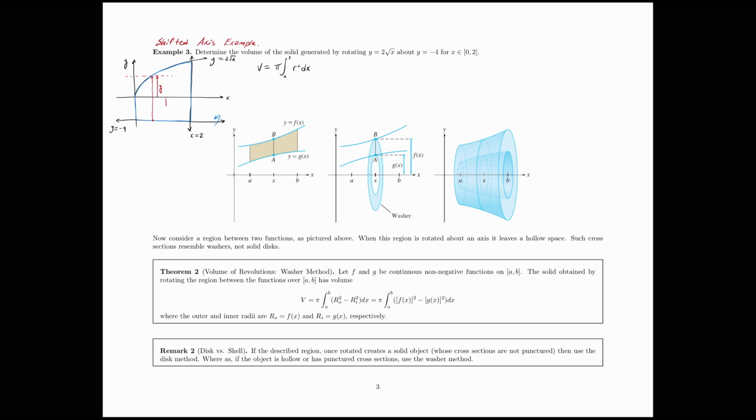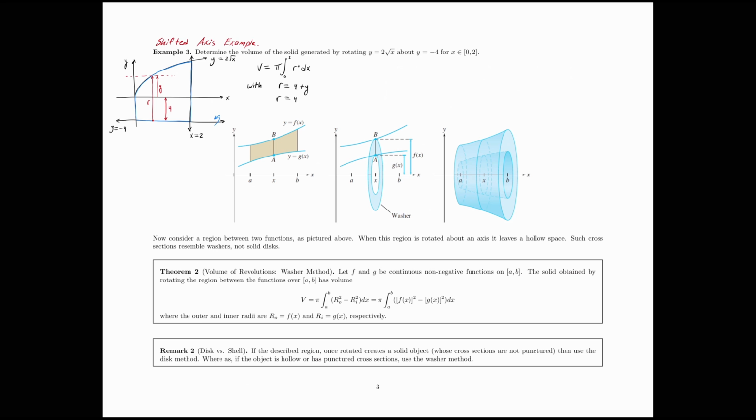This distance right here is 4. So clearly the distance is 4 plus y. So our radius, r, is 4 plus y. So r equals 4 plus y.